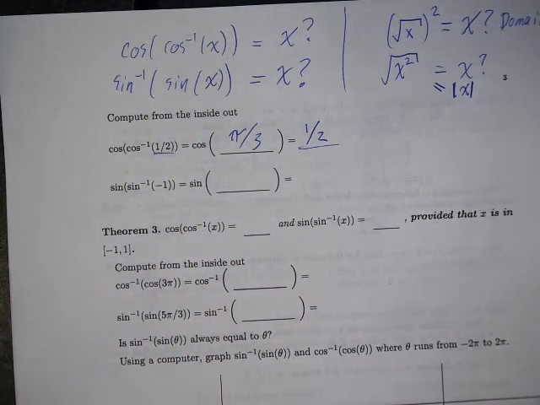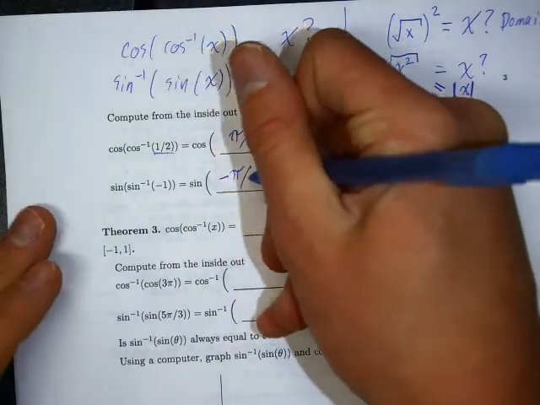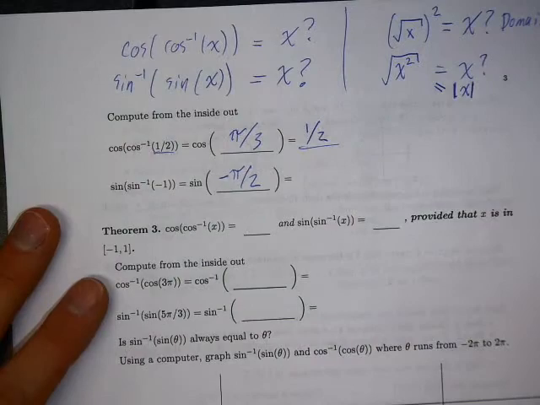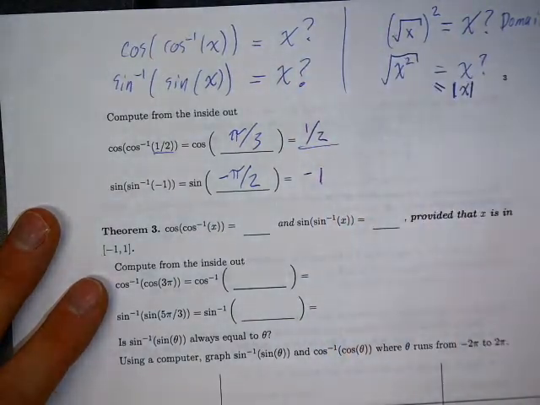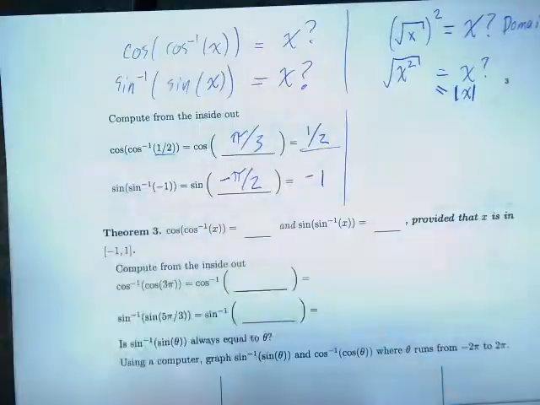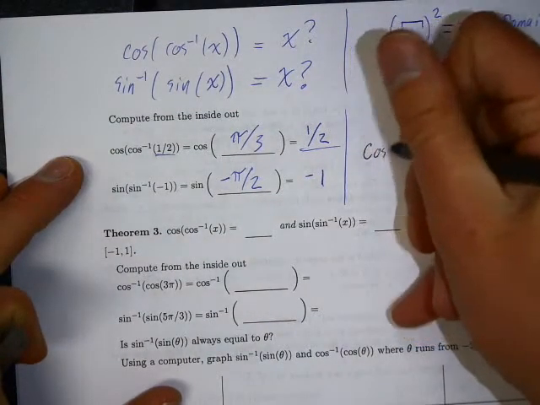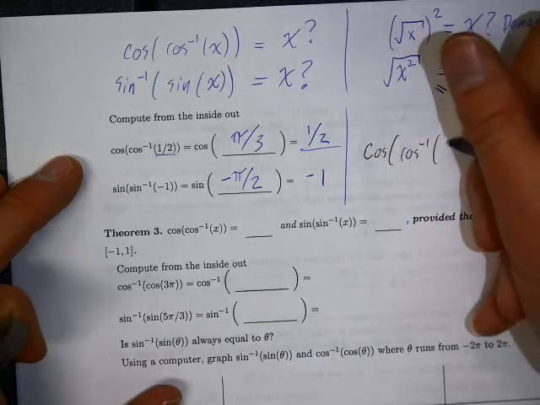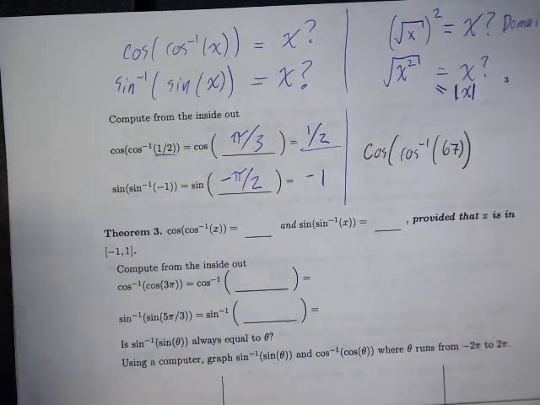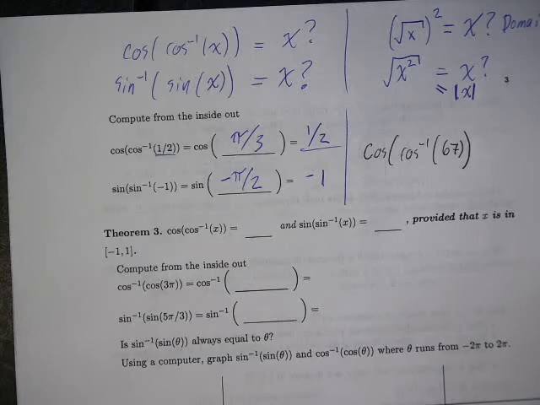Good. The sine of the inverse sine of -1. What's the inverse sine of -1? What's the sine of -pi over 2? So it checks out. I'll add one other to reveal what can go on. What's the cosine of the inverse cosine of 67? Let's think that through. What's the domain of inverse cosine? -1 to 1.